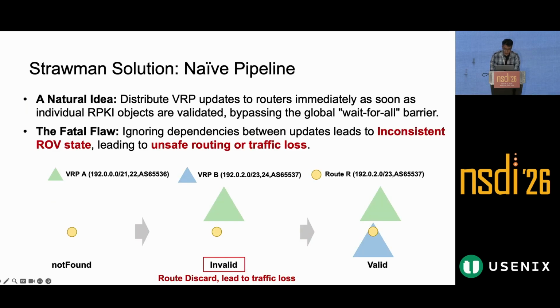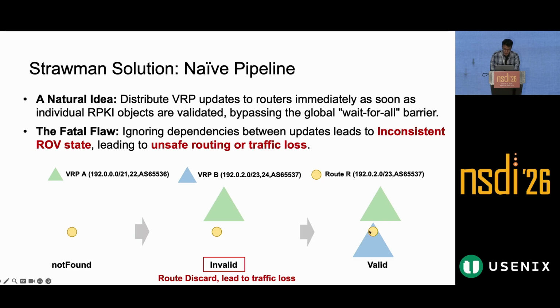And so a natural idea is to simply distribute VRP updates immediately, bypassing this barrier. That is a naive pipeline, but there is a fatal flaw. That is, ignoring the dependencies between updates leads to inconsistent ROV states, leading to unsafe routing or traffic loss. Here's an example.